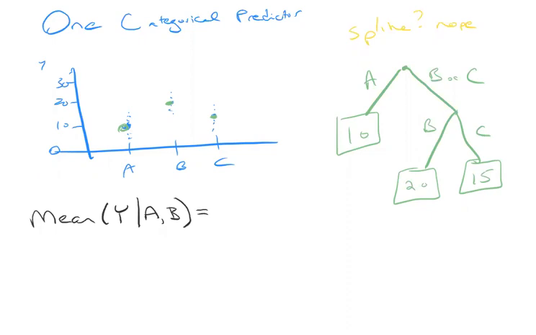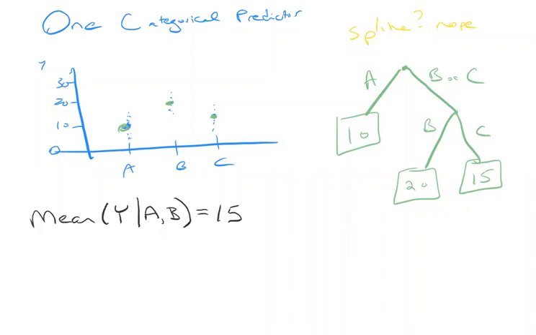But we're going to try to write down an equation, okay? So here's how we're going to do it. Well, when A and B are both equal to 0, that means you must be in the C group. And looking at this data set, my best bet at the Y value when you're in the C group is 15. Okay. But what if you're in the A group? Okay, so if you're in the A group, my best bet is going to be 10.